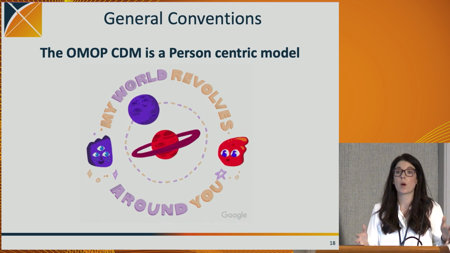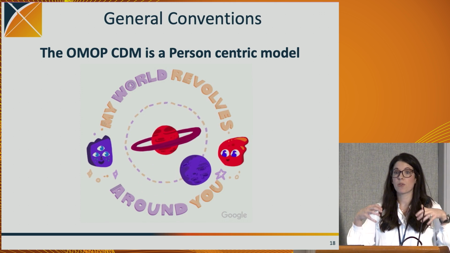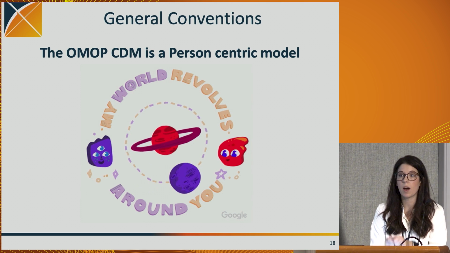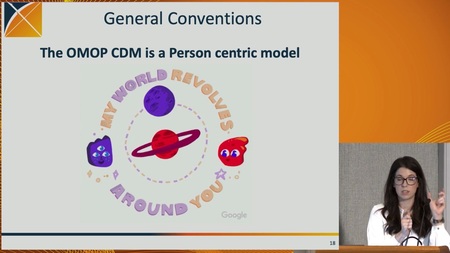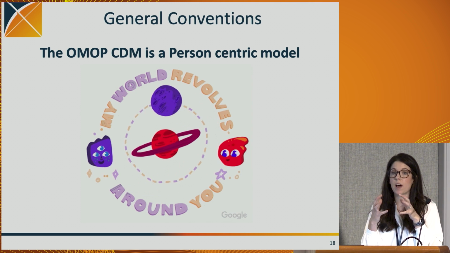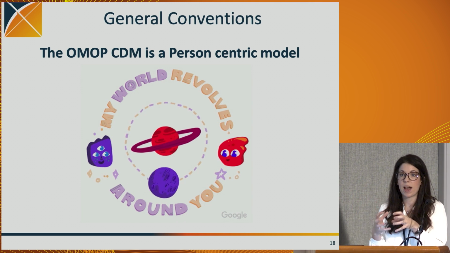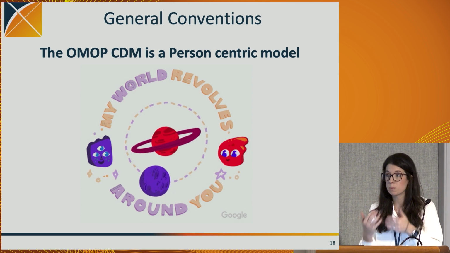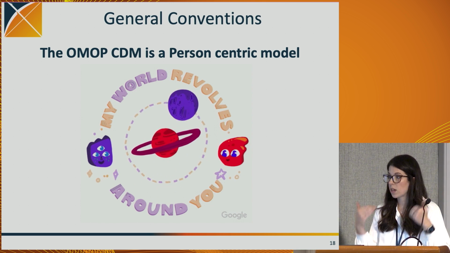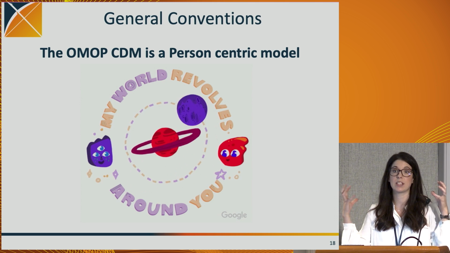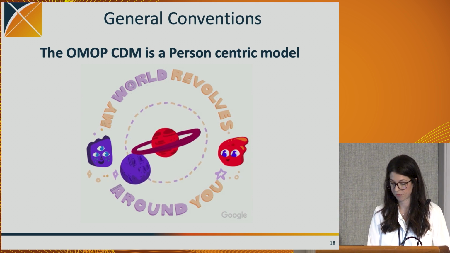That's all we're really trying to do: for everyone around the world, if I know that you have angioedema, I will find it with the same concept ID in the same place. We're just trying to find out what clinical facts should be related to an individual person. That's all it is. And then we're putting them all in the same place so we can run open source development, standard analytics, and generate evidence at large scale.